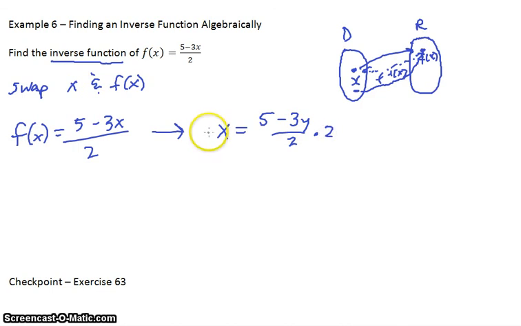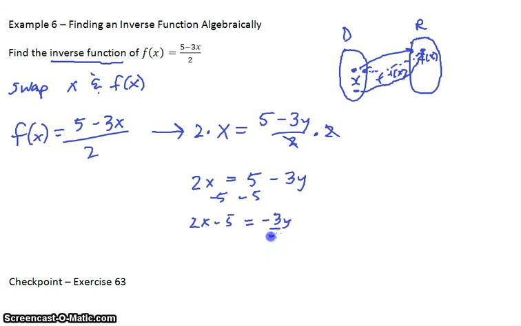So I'm going to times by 2, because this whole thing is divided by 2, so I got to get rid of that. So I have 2x equals 5 minus 3y. I'm going to subtract 5. So 2x minus 5 equals a negative 3y. Divide by a negative 3. And I get y equals negative 2/3 x plus 5/3.